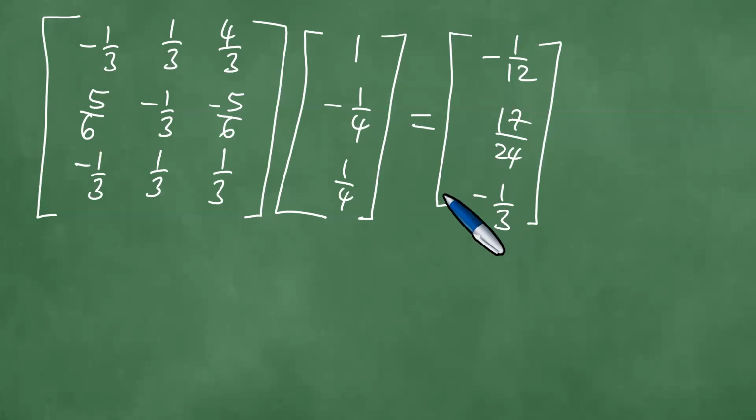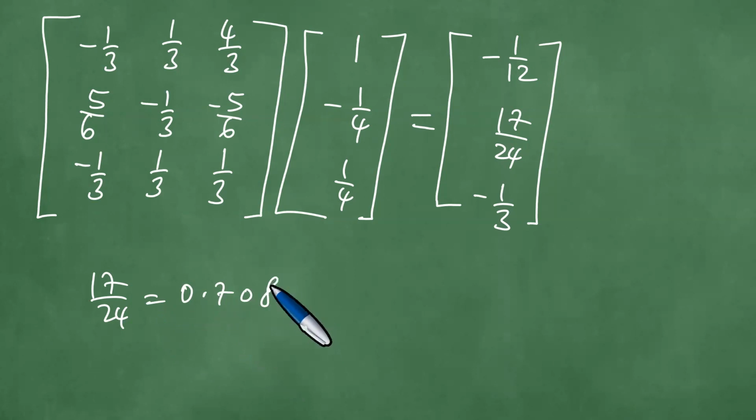Okay, if we divide 17 by, just checking here, 17 divided by 24. Right, is 0.7. This is the dominant one.